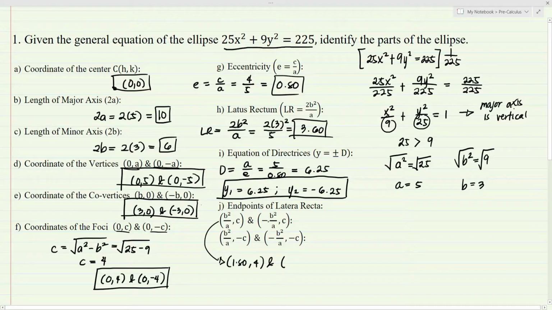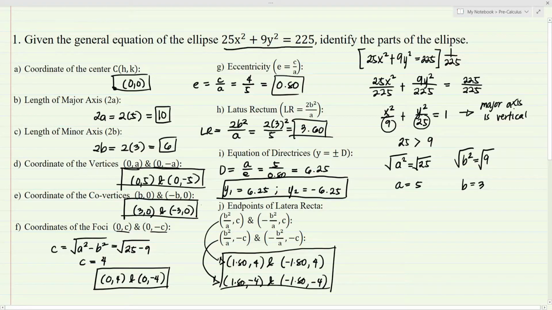And this one here is negative b squared over a, that would be negative 1.8, 4. Next pair of endpoints here, so this is 1.8, then negative c, that is negative 4, and negative 1.8, negative 4. So these are the endpoints of the latera recta.